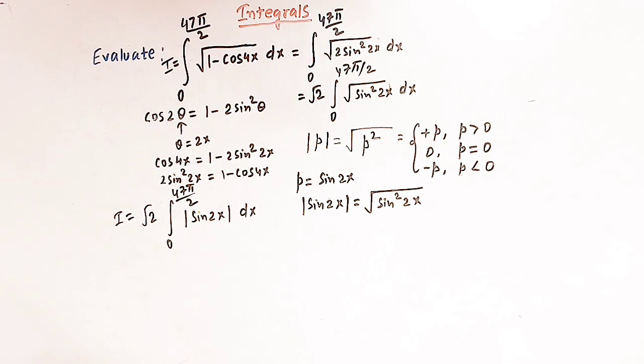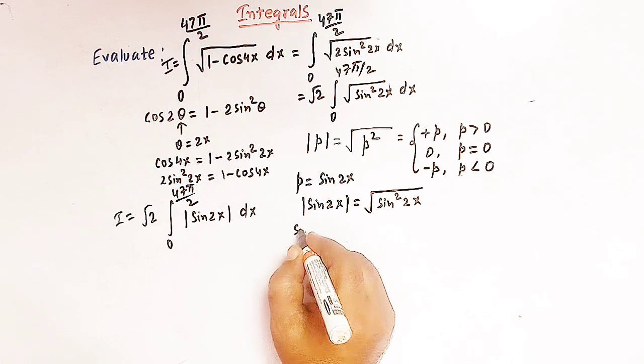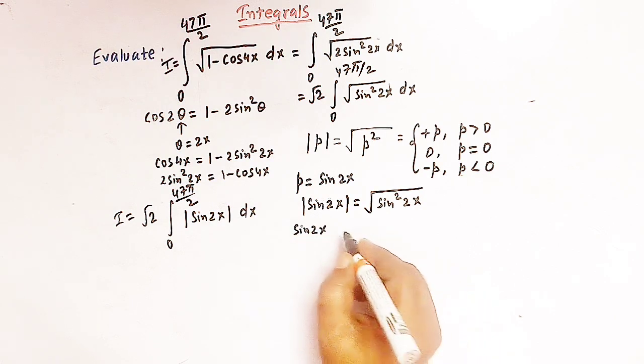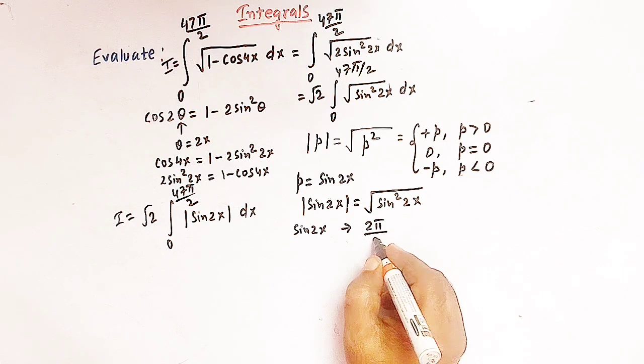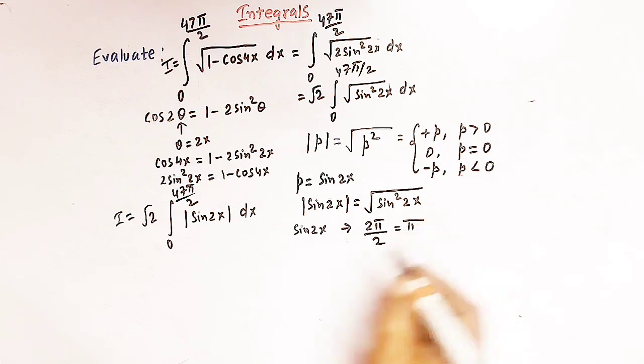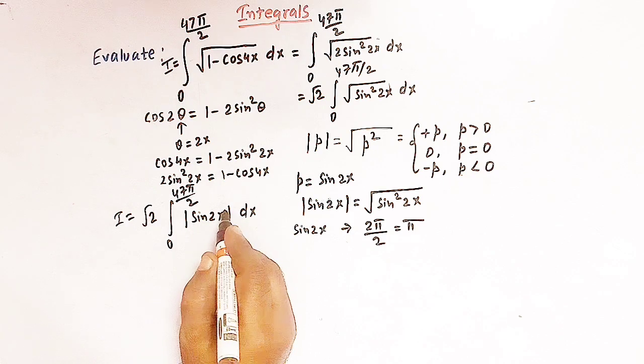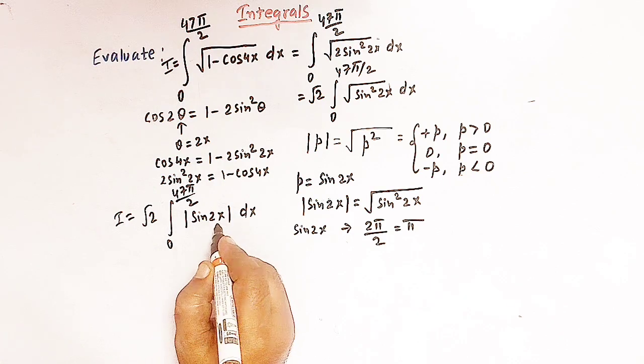Now let us utilize the concept of periodic function, right? Now see, the period of sine 2x is given by 2 pi over 2, that is equal to pi, right? But here we have a mod of sine 2x, right?